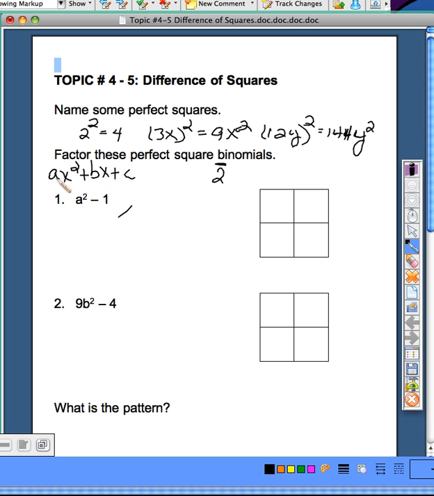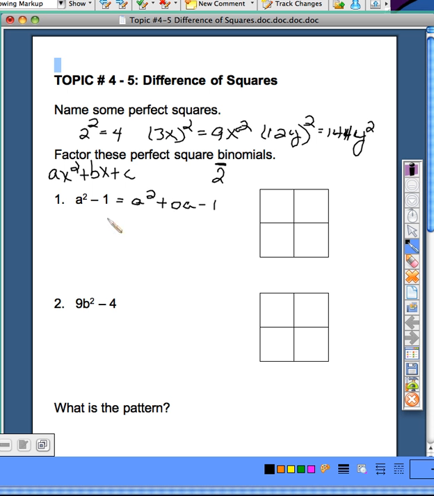A was the coefficient in front of the variable, and b was another coefficient in front of the variable. Well, if there's no middle term there, that means that the coefficient in front of it must be 0. So we could rewrite this as a squared plus 0 times a minus 1. And the value of that is still a squared minus 1 because 0 times a is 0.